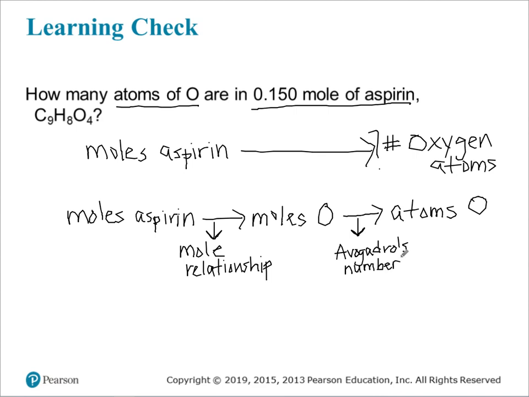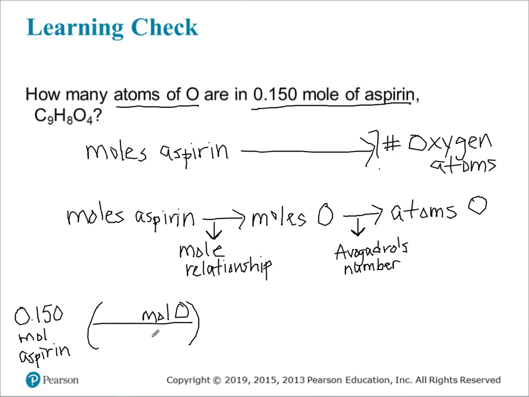So we're going to start with the mole relationship. We know that we have 0.150 moles of aspirin. What we want from this is moles of oxygen on the top.